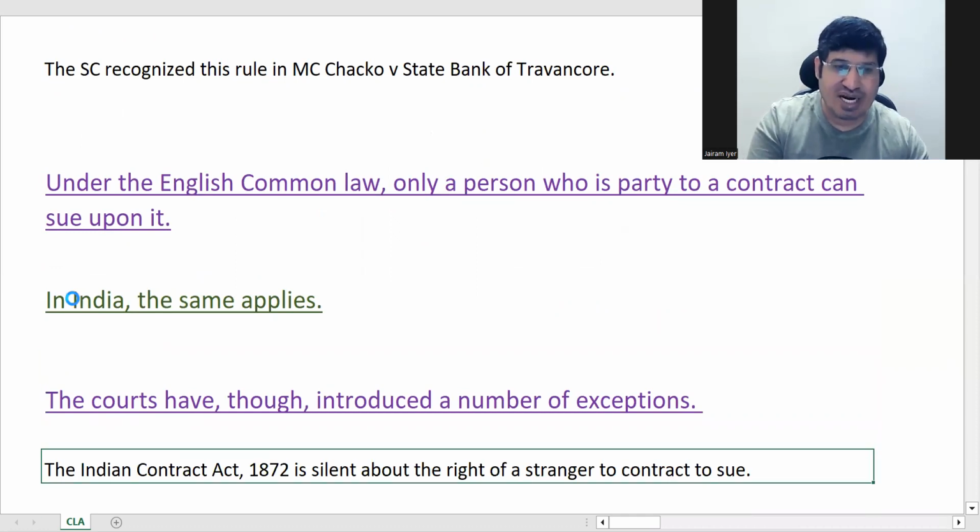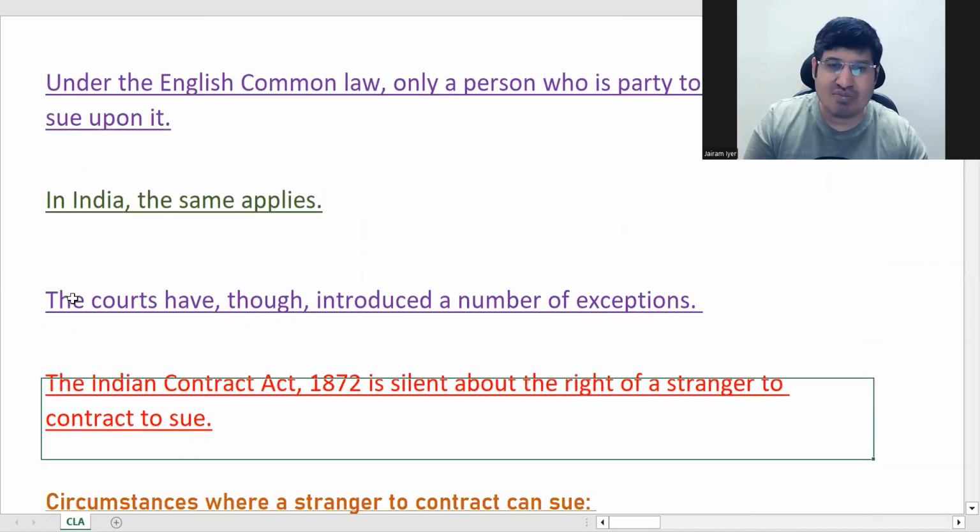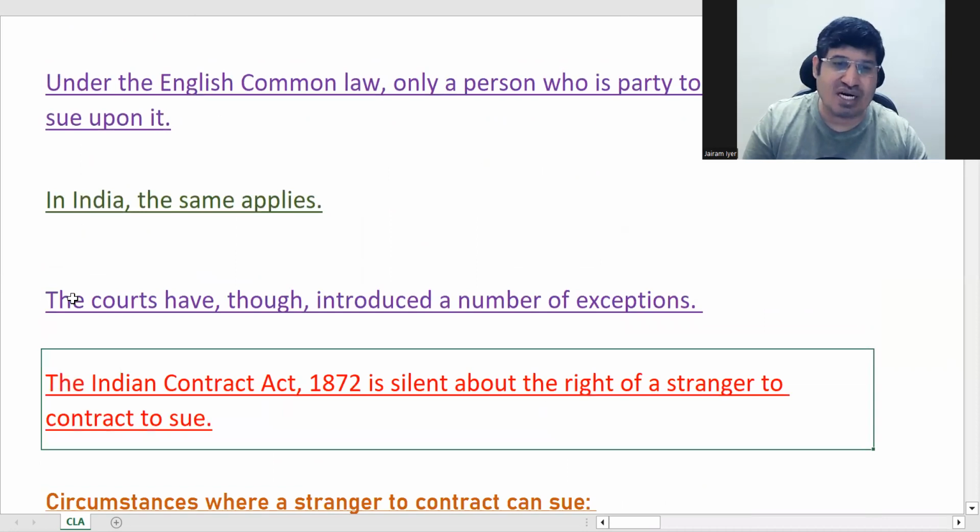The Contract Act 1872 is silent about the right of a stranger to contract to sue. The Act says nothing, neither yes nor no, about the right of a stranger to the contract to sue. So basically, if nothing is written in the contract, that right is not there.